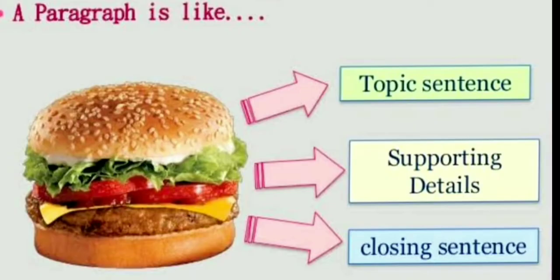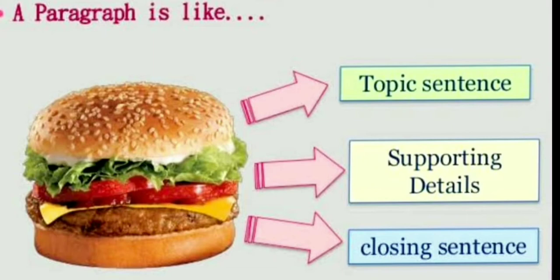Now, as you can see, you have a picture of a burger. Here, you can see it is divided into three parts: the top part, then the middle one, and the last one. The parts of a paragraph are in the same way.